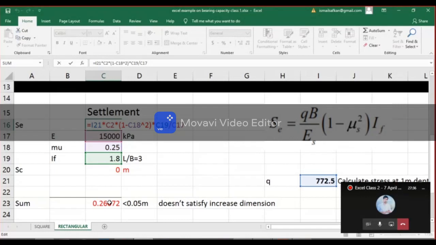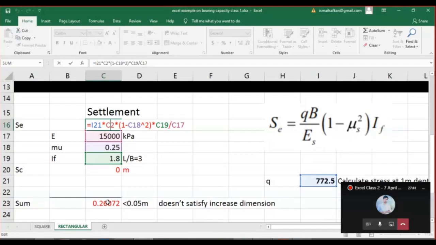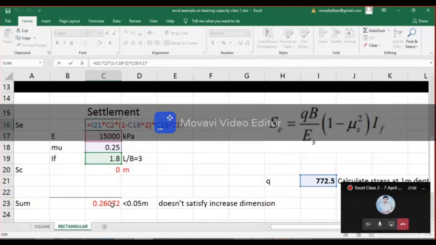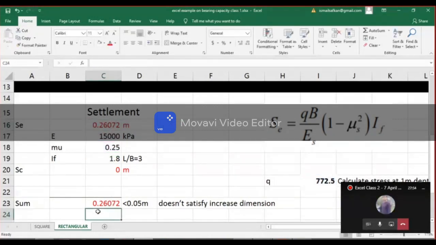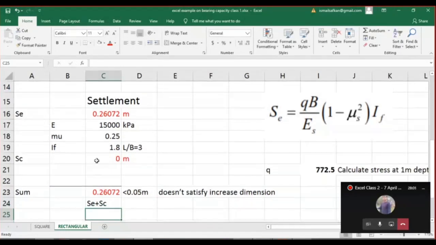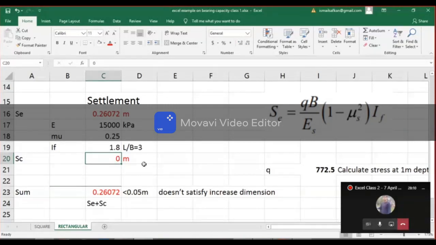I summed elastic settlement with the consolidation settlement together. So I said SE plus SC. But because it's sand, I don't have any consolidation, so it was 0. So if I had, I would calculate this here. Next question, please.